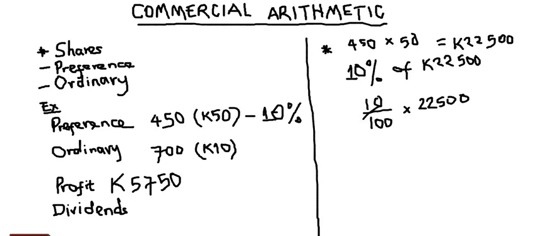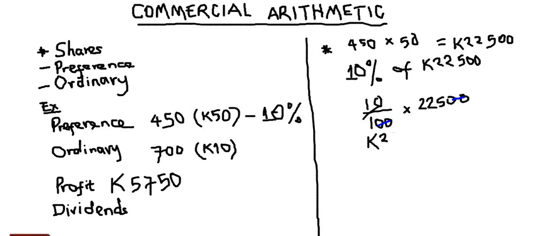So we know this 10% of 22.5 is going to be 2,250. Okay, 2,250.